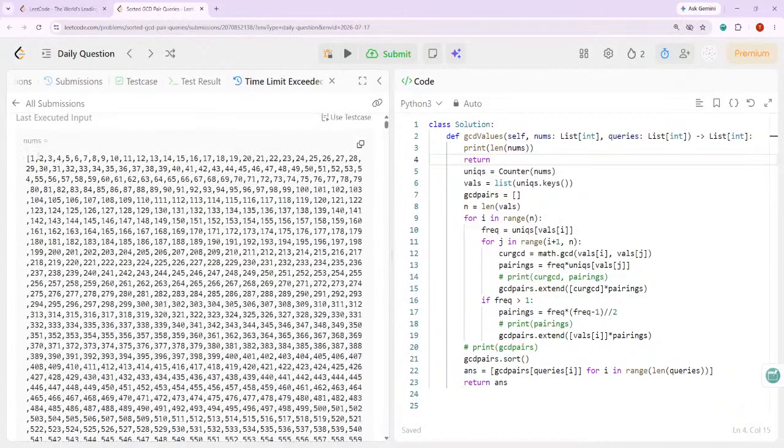So let's say that 2 to 10 was removed, and the list was just 1 and then starting with 11. Then I have 11, 12. Those are relatively prime.